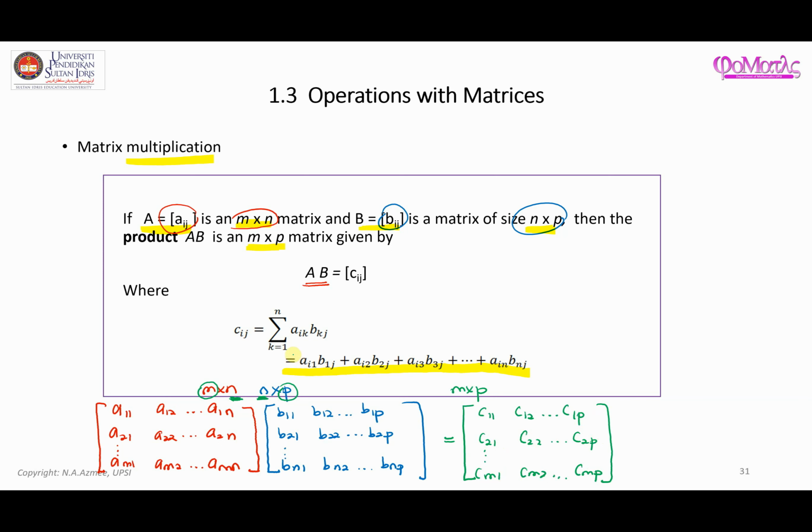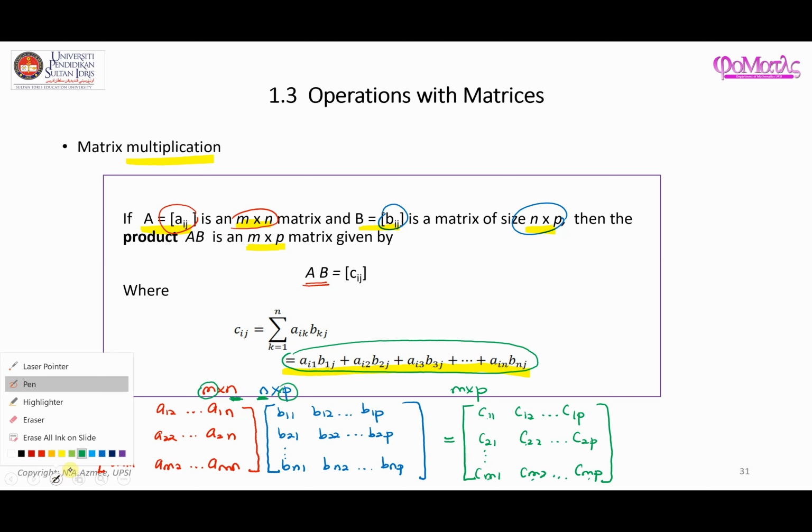Now, this formula tells you how to get the value for each element in this new matrix. If you are looking to find the result for the first position, C11, you need to consider the first row of A with the first column of B. Let me write down the process.